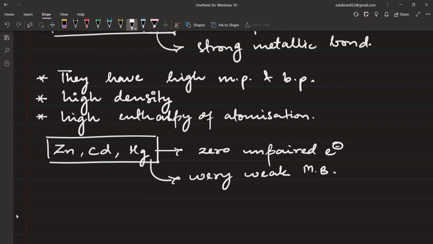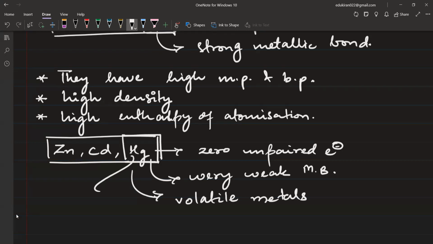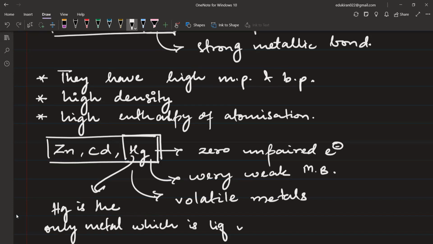And if they are having a very weak metallic bond, these will be volatile metals. And among them, the worst is mercury. Mercury, Hg, is the only metal which is liquid at room temperature.